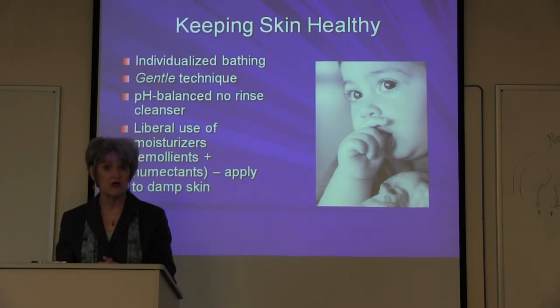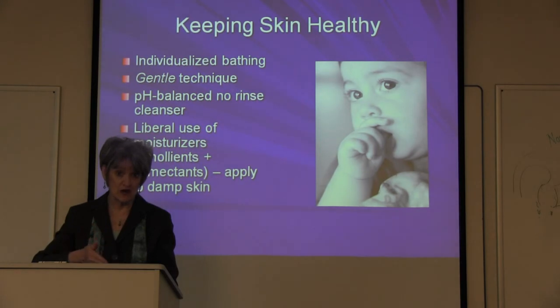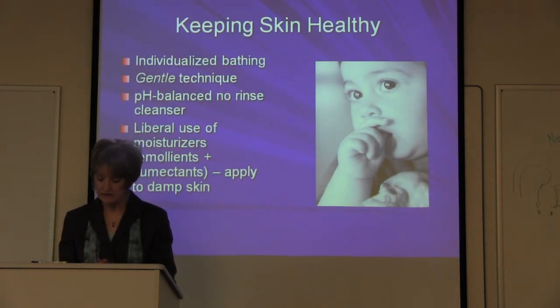Okay, so you want to make sure that what you're doing when you bathe your patients is keeping their skin healthy, because that maintains the barrier function. It's going to reduce their vulnerability to infections and to skin breakdown.